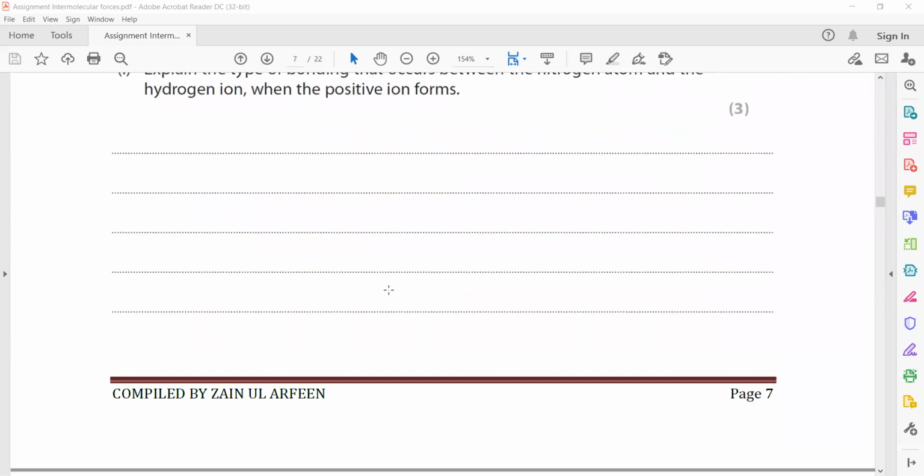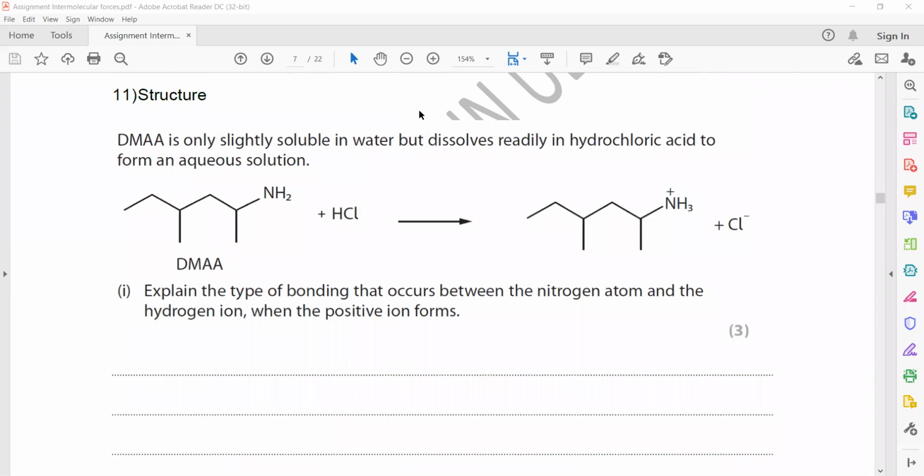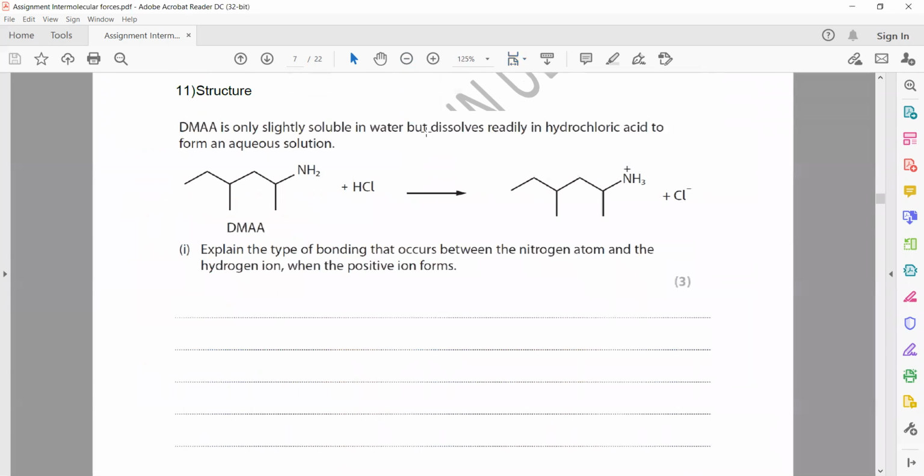In question 11, DMA is only slightly soluble in water but dissolves readily in hydrochloric acid to form an aqueous solution. Explain in terms of bonding what occurs between the nitrogen atom and the hydrogen ion when the positive ion forms.